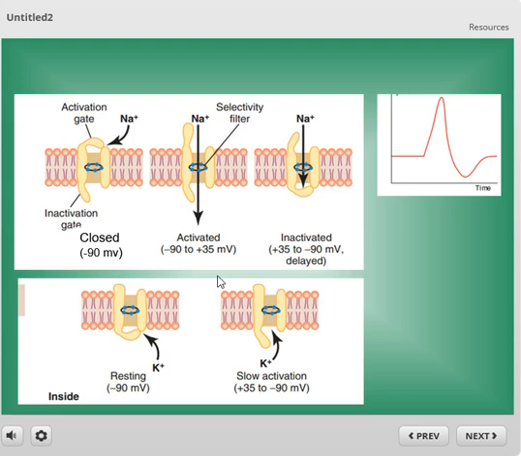They begin to open as the membrane depolarizes, but reach full activation at the peak of the action potential. At the top of the action potential, the full activation of these channels allows potassium ions to exit the cells, contributing to the repolarization phase of the action potential.